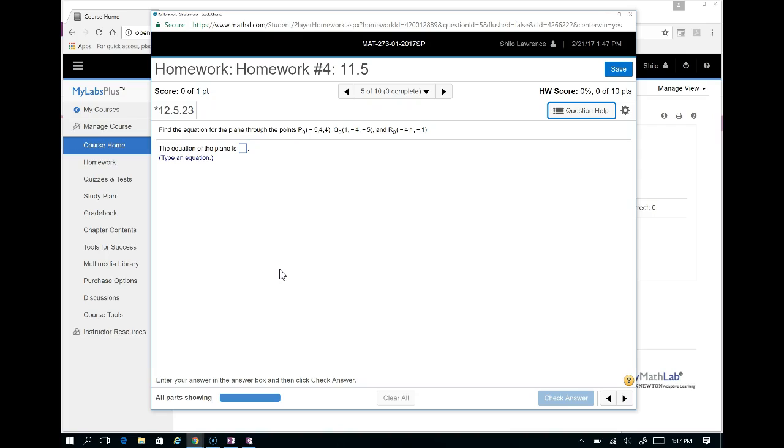If you know that you tend to make mistakes, I would type these in the calculator. That might sound silly, but if you've got to do vector PQ, type in 1 minus negative 5, just to save yourself from making the mistake and having to do the whole thing over again. It might be worth the while. But also write it down. That way, if you have to go back through, you can find where the mistake was.